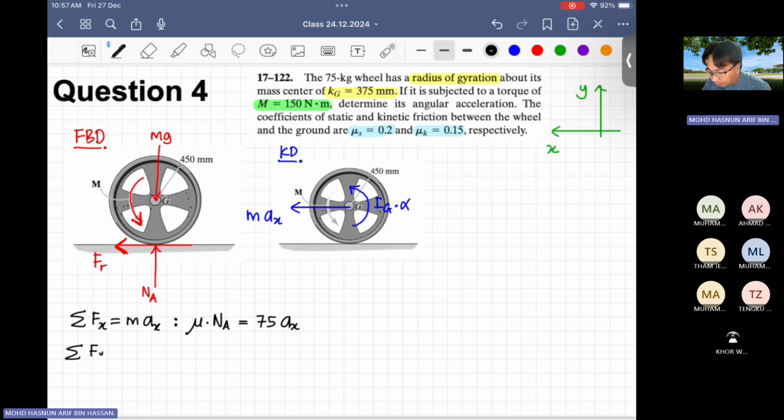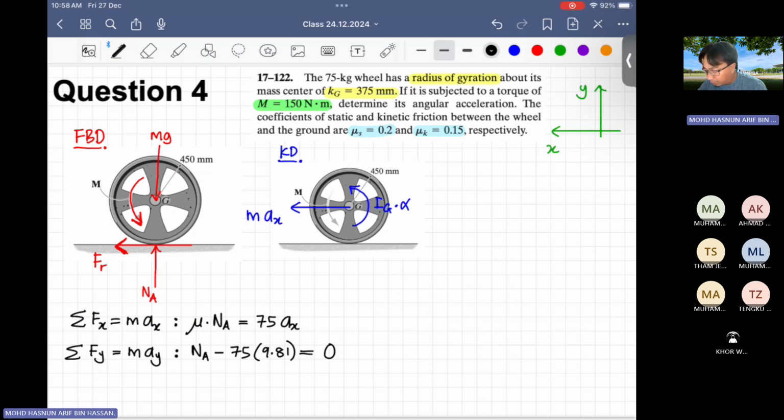Okay, and then we go to the next equation, which is Fy equals MAY, right? And if you look in the free body diagram, we have NA positive, minus we have mg negative. So this will be 75 times 9.81 equal to, and if you look at the kinetic diagram, there is no MAY, so this will be equal to 0.